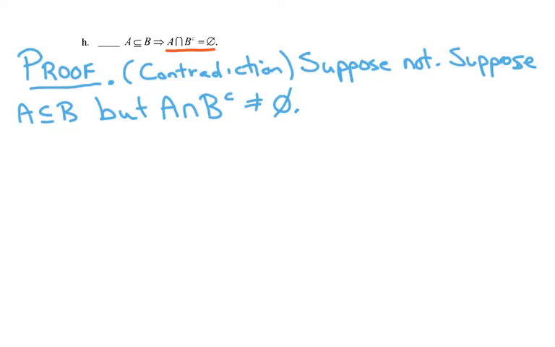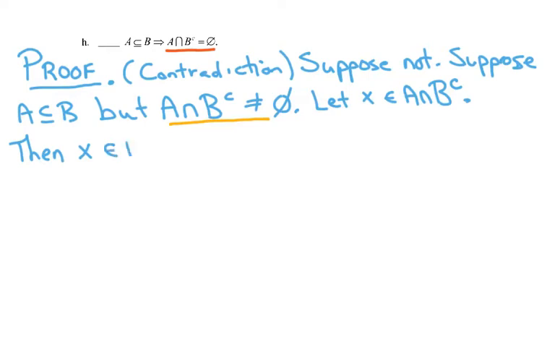So now what can I do? Well, if this is not the empty set, then there is something in there. So let X be an element of this set. Then what does that mean? Then X is in A and X is in B complement.